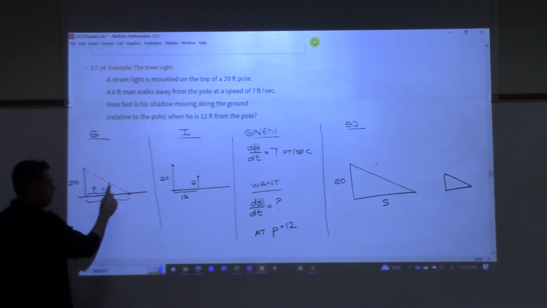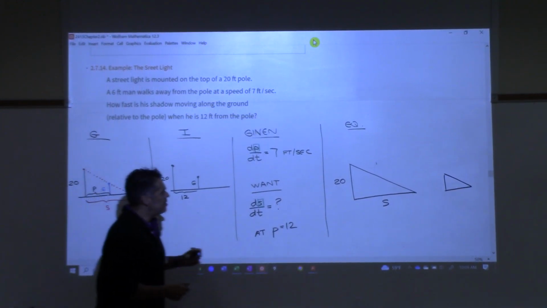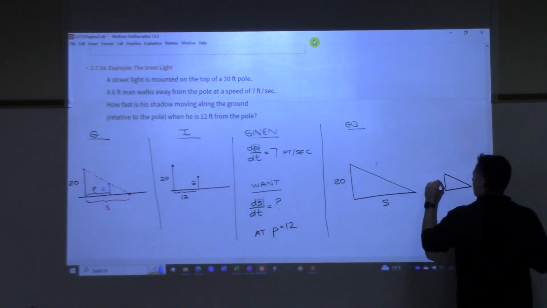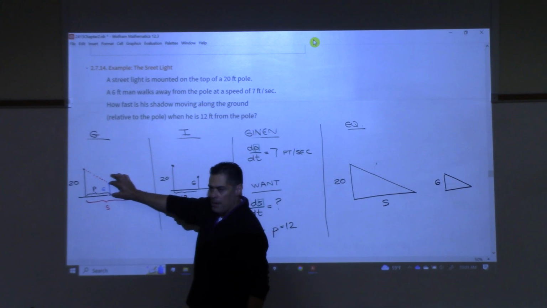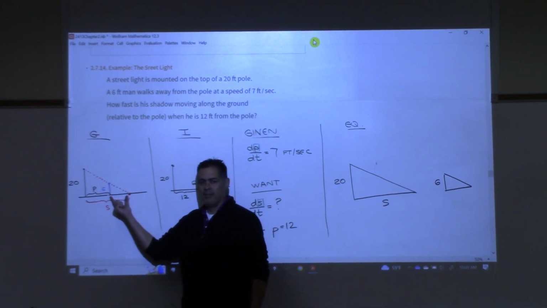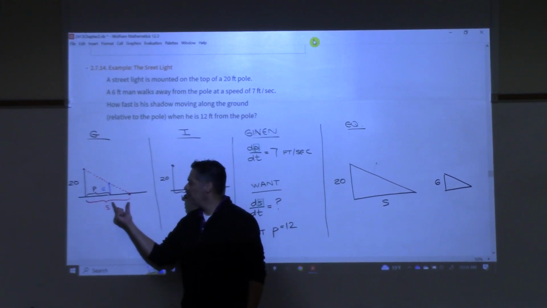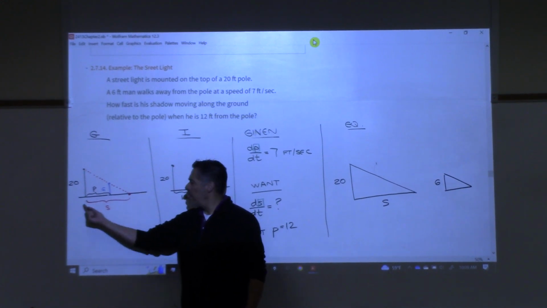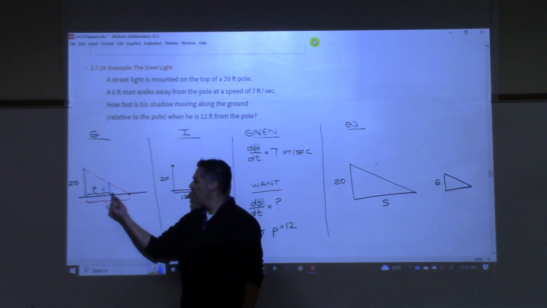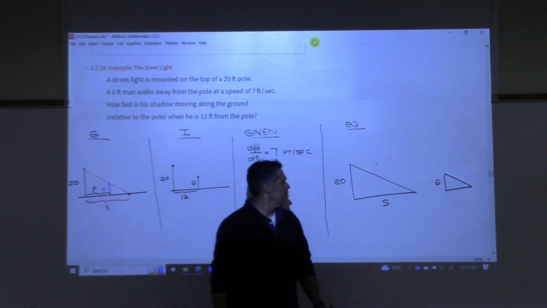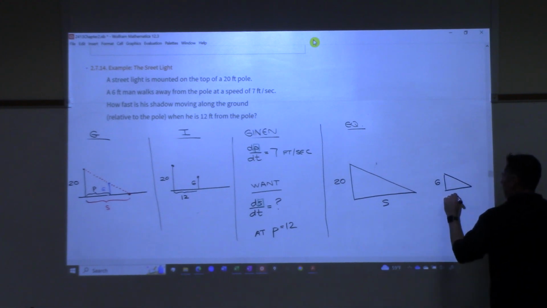See that? Now this side is 6 because that's the man's height. What is the length of this side right here? It's S minus P. It's whatever that distance is, S, take away that distance, and that gives you that distance. So this is S minus P.